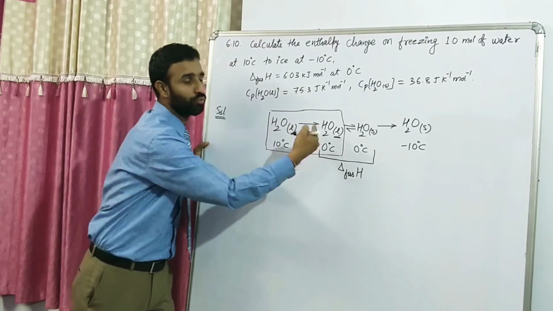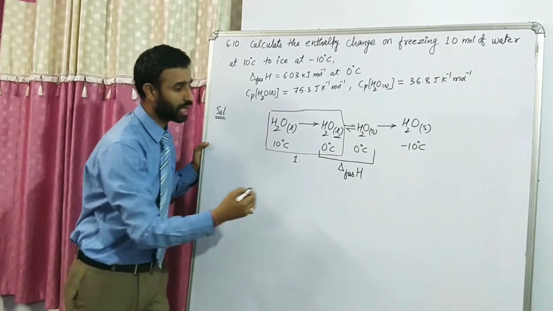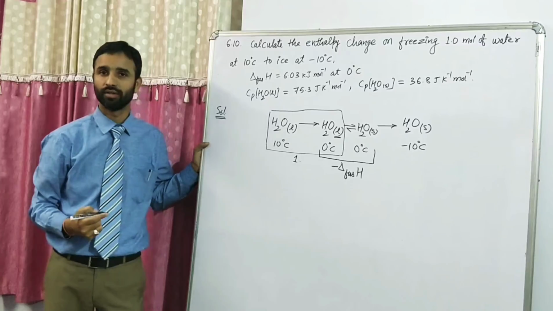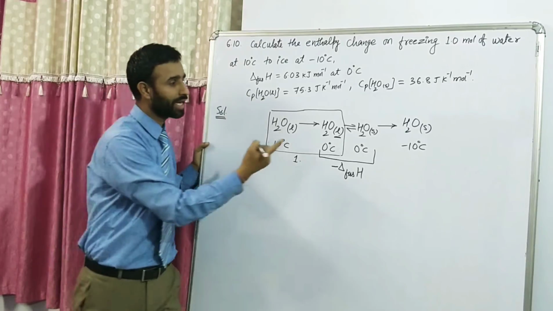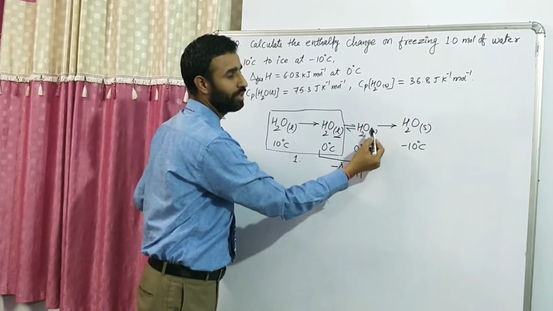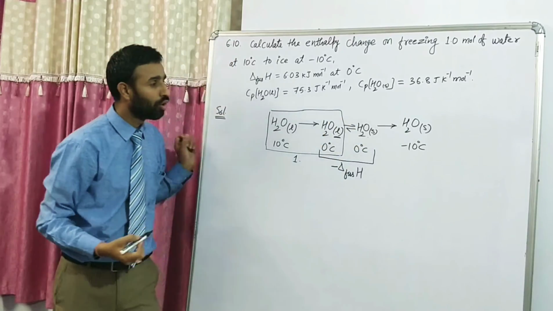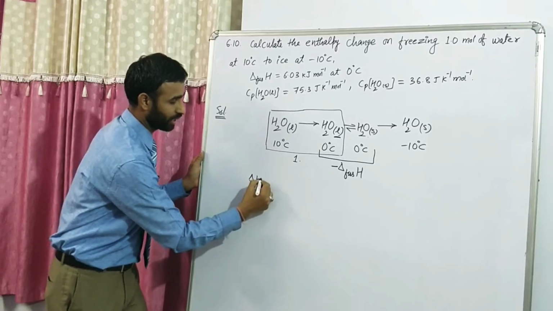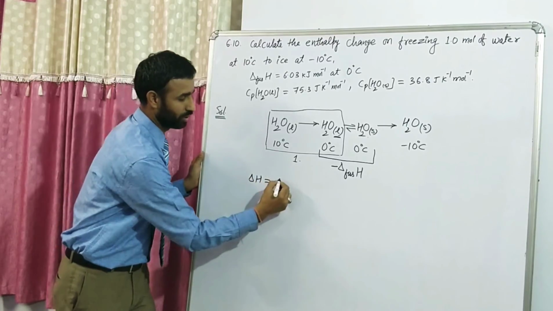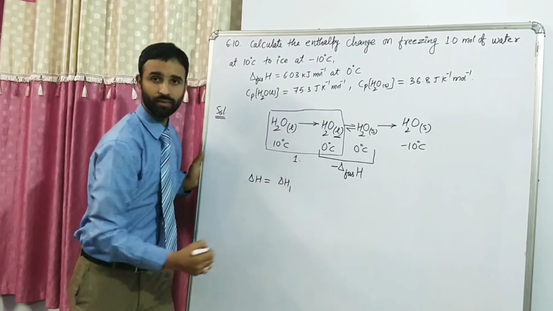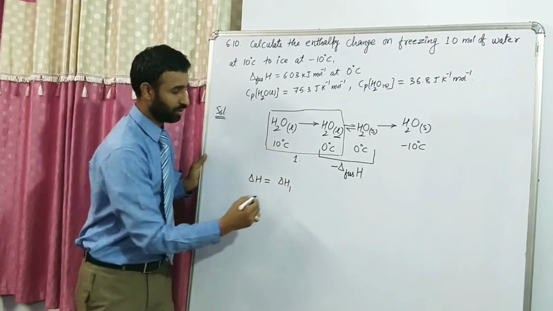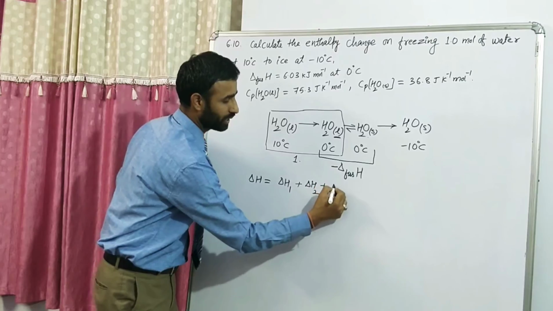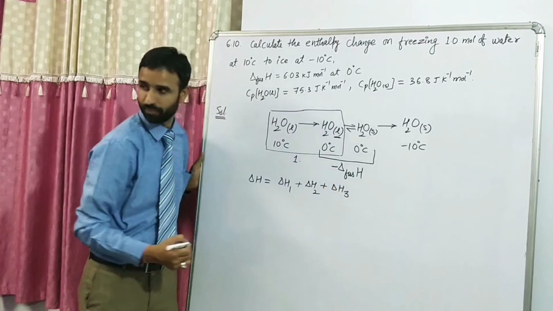That means it is reverse. So it is enthalpy of fusion with the negative sign. Then next is H2O solid from 0 to minus 10. So now delta H is equal to delta H1 plus delta H2 plus delta H3.